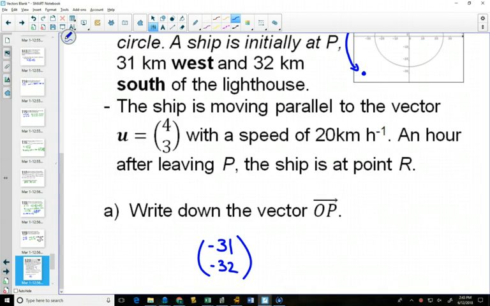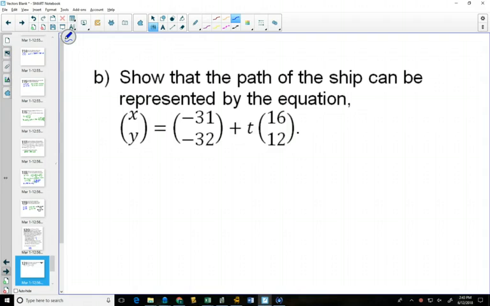And this next question is one that gets a little bit tricky because there are a number of ways you can go about finding this that are wrong. And you'd feel like you've done it right. We want to show that the path of the ship can be represented by this equation.